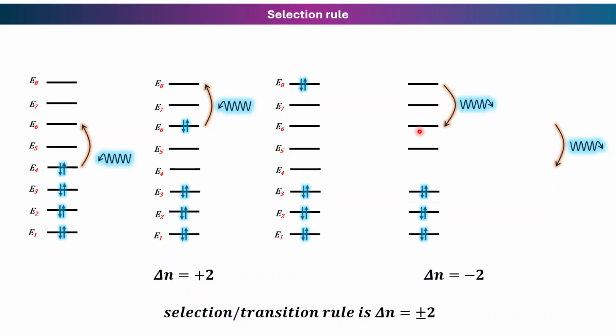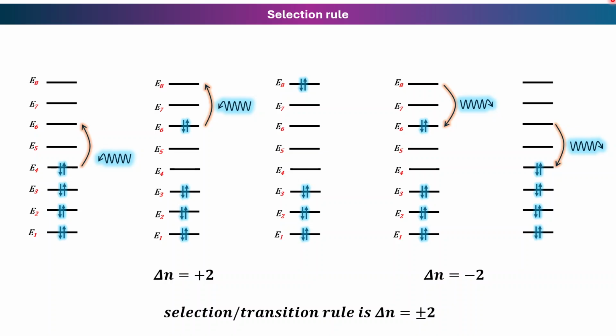It will come back here, and again it will come with a step of 2. This is what the emission spectrum finally comes out as.